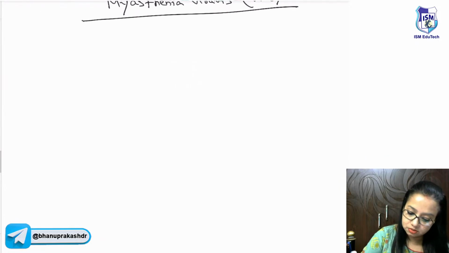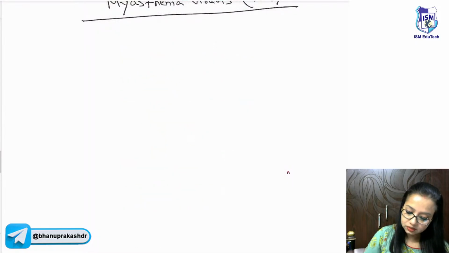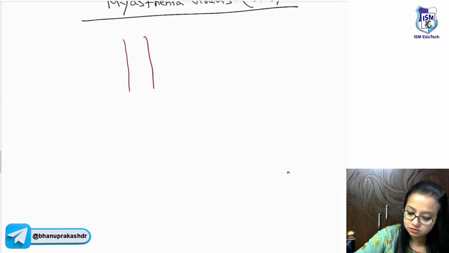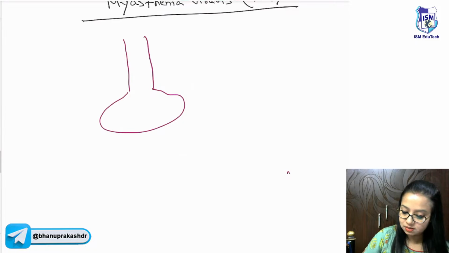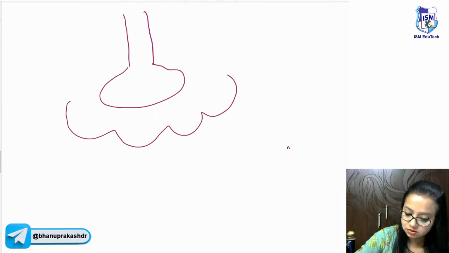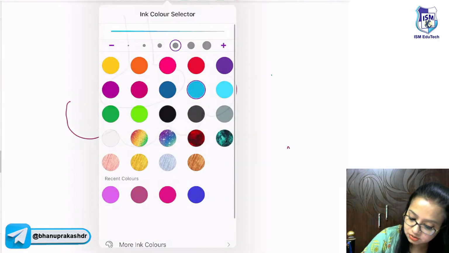If you see, in a very simple way, I'm just drawing it. This is our presynaptic membrane. This is our postsynaptic membrane. In a simplified way, I'm drawing for our understanding.